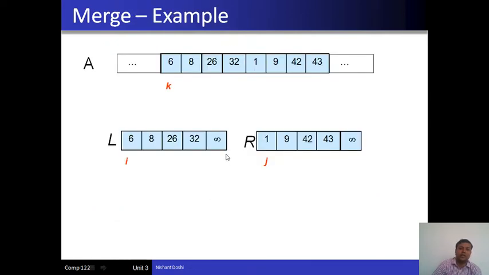Now the next part: when you are given two sorted arrays, how are you going to merge them. This is one sorted array, this is another sorted array, this is my A, so this will be the index. For this array I will give the index i, for j, and for A it will be k. Ultimately, if you can see, essentially these 4 elements will be here, these 4 elements will be here.